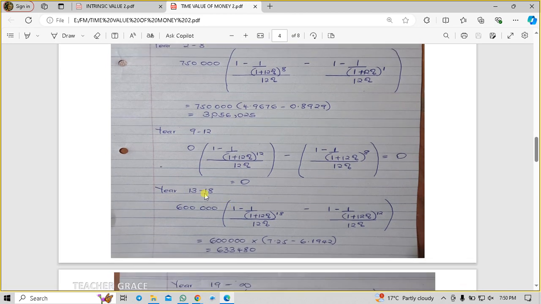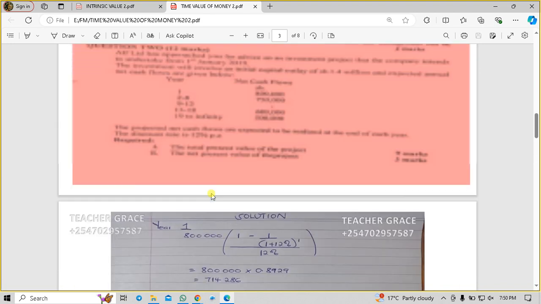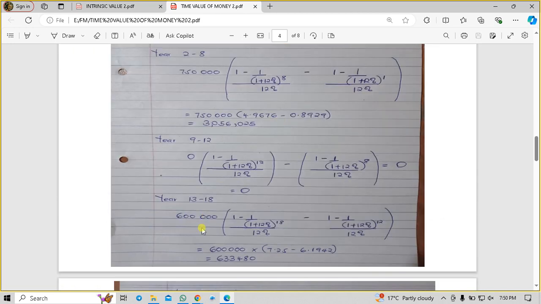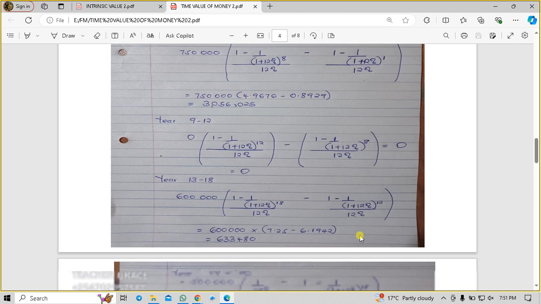So we have year 13 to year 18 as our next year. 13 to 18, you take 600,000 as our net cash flow into bracket 1 minus 1 over 1 plus 12% to the power 18 over 12%, minus 1 minus 1 over 1 plus 12% to the power 12, 12 for the previous year, then over 12%.